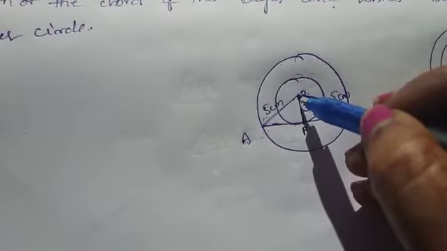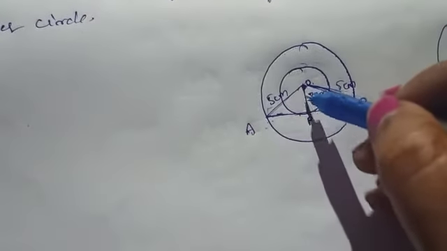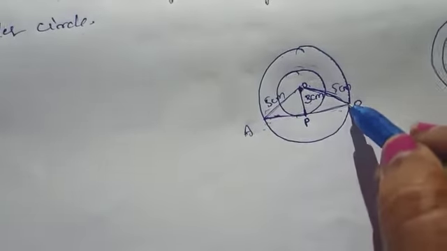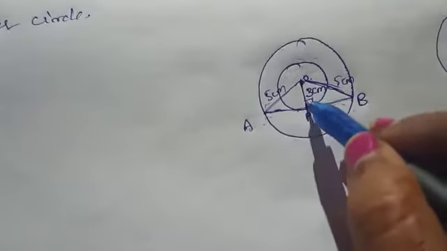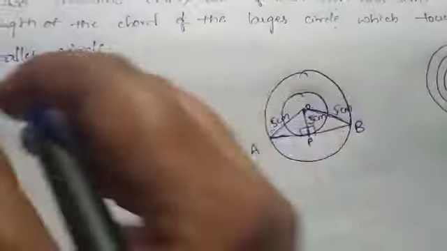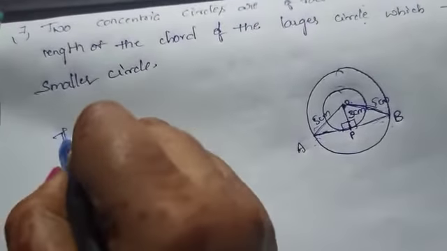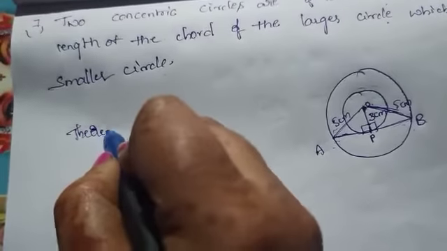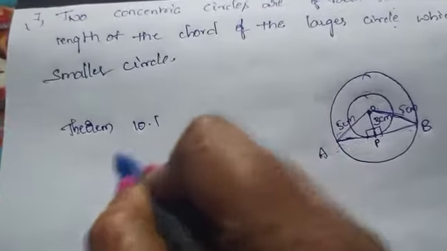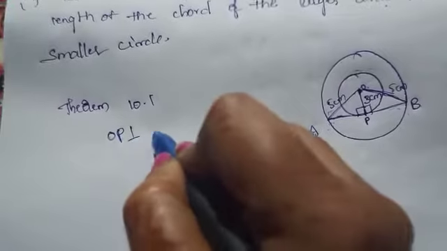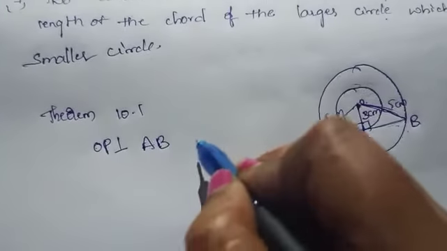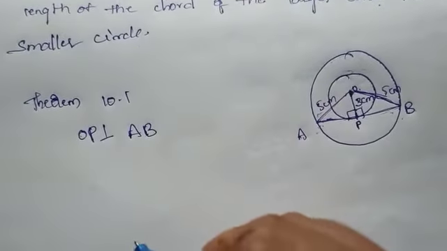We know theorem 10.1, radius and tangent are perpendicular to each other at the point of contact. By theorem 10.1, OP is perpendicular to AB at the point of contact.